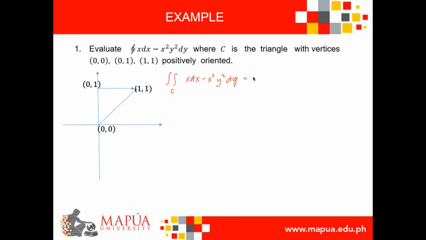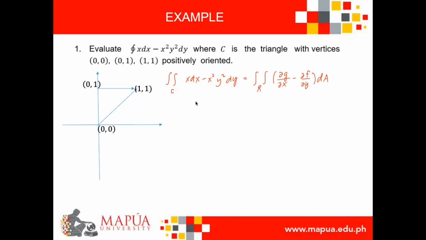So with that, we can write the formula as the double integral of the partial derivative of the function g with respect to x minus the partial derivative of the function f with respect to y, times the differential dA, along the region R.